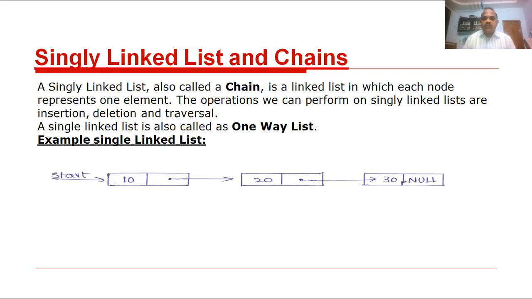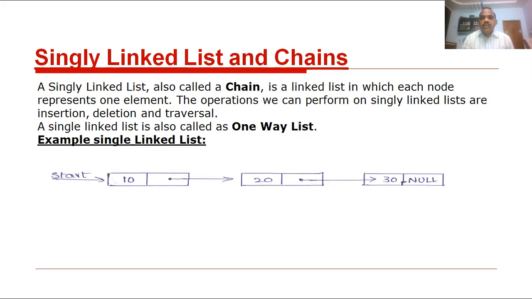The first one, the engine, next is connected to the next compartment, and that to the next compartment. Totally they connect 10 to 20 compartments. So that is called a single linked list.